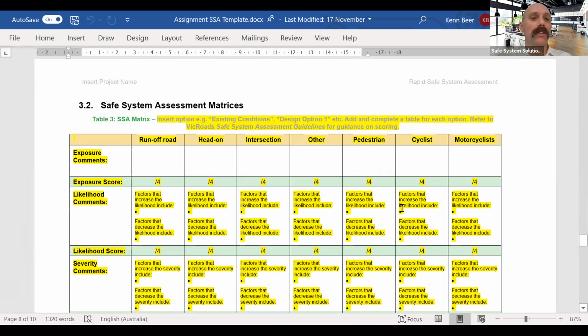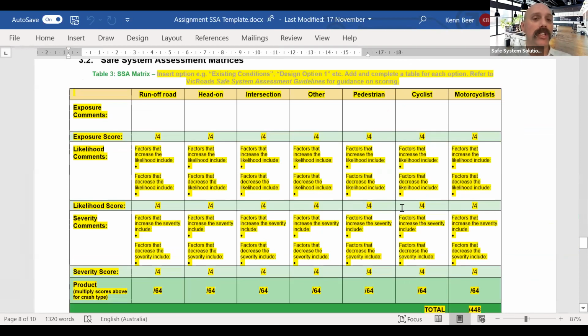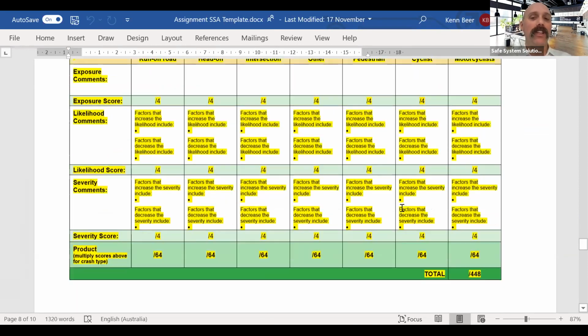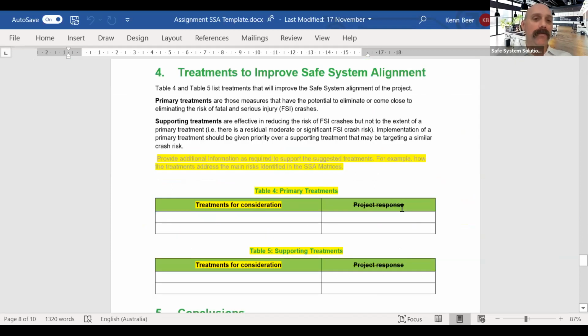There's the existing conditions. You'll fill all that out, lots and lots of dot points in there, justify that score, total it all up, copy that, and paste it again for your design option, and then the treatment.